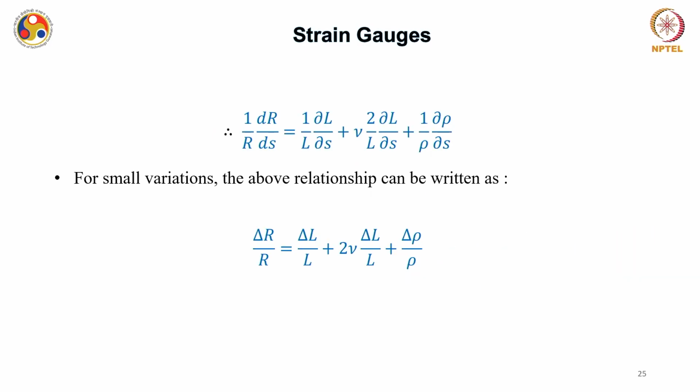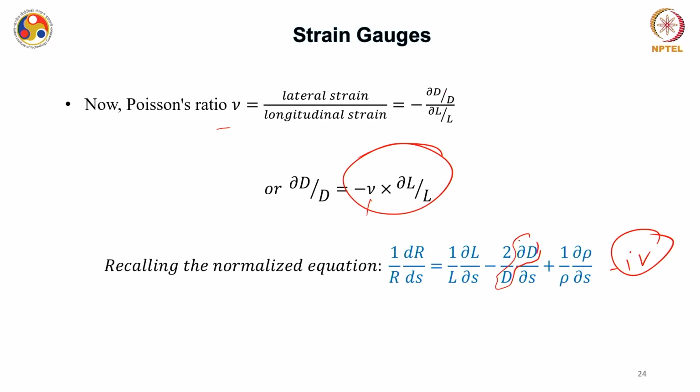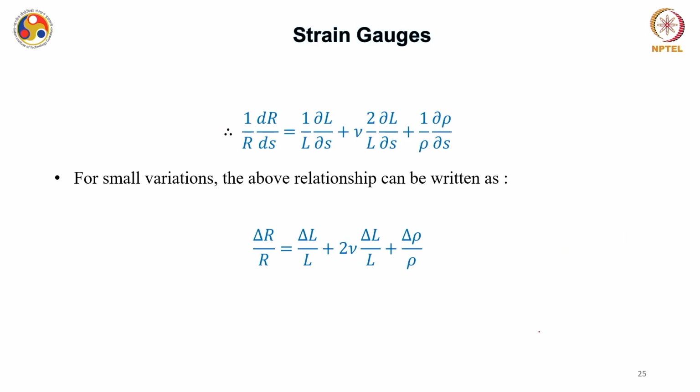So if you replace this value in the second term in equation 4, what we get is 1 by R del R by del S is equal to 1 by L del L by del S plus Poisson's ratio into 2 by L del L by del S plus 1 by rho del rho by del S. I am calling this equation 5.